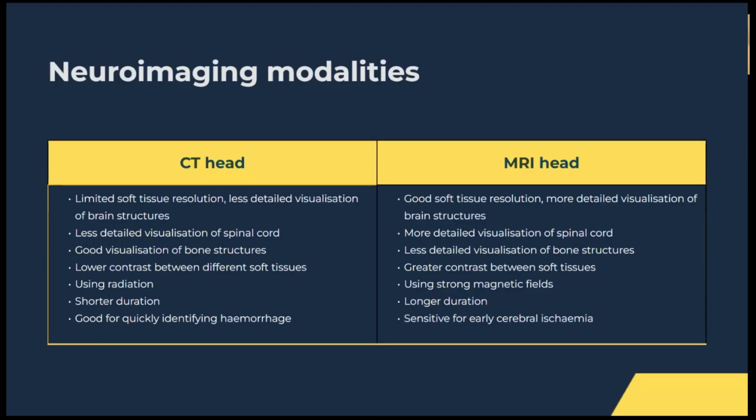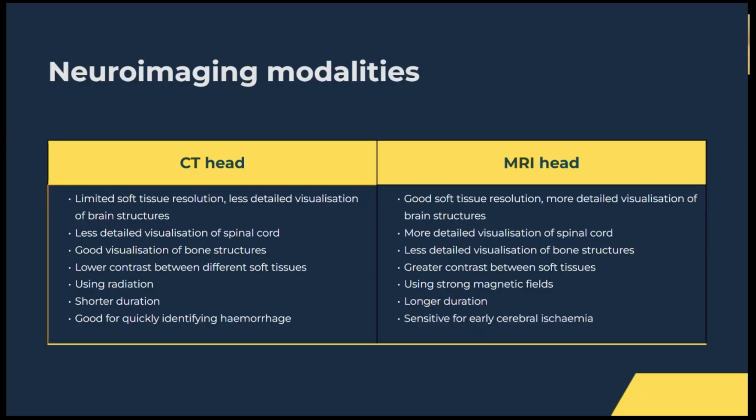We'll start off with, you've probably already been over this before in phase one lectures, the basic differences between a CT and an MRI head. CT head has more limited soft tissue resolution, and when you're thinking about the brain, obviously soft tissue, you get a less detailed visualization versus the MRI, which would be more detailed, and you can pick out the brain structures more easily.